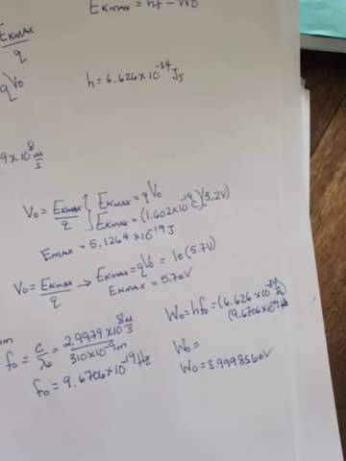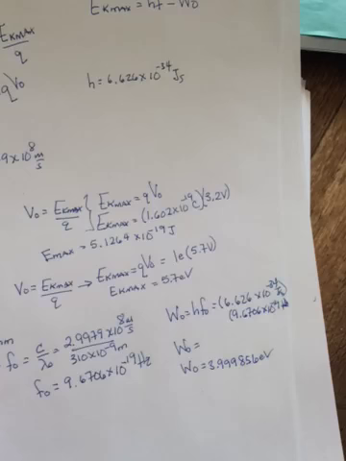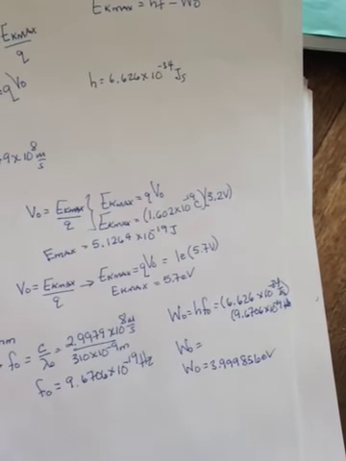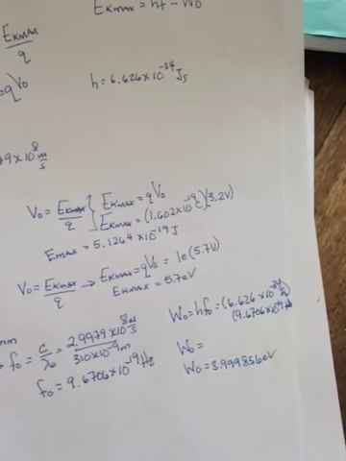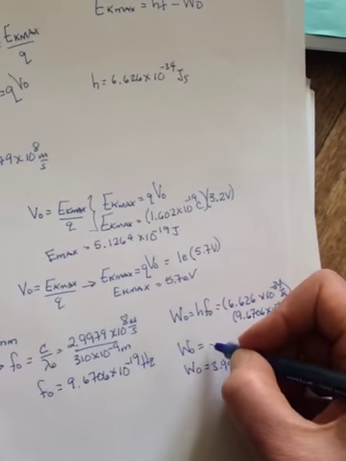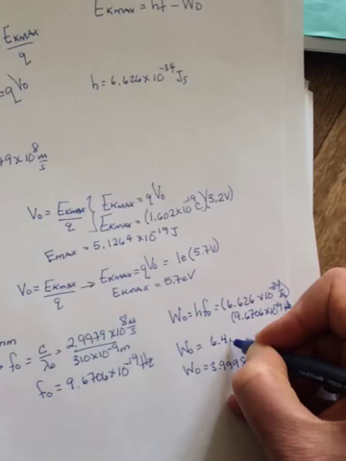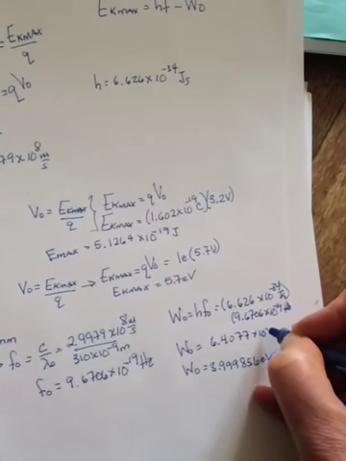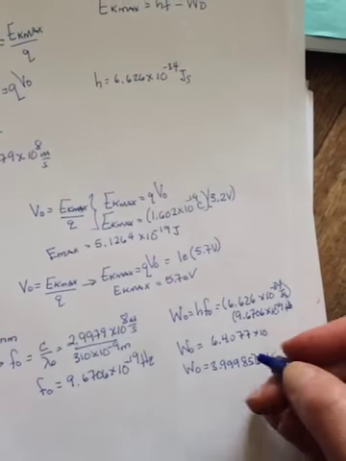Oops. So 6.626 to the negative 34 times 9.6706. This is now rounded to the negative 19. 6.4077, etc. to the negative 19.